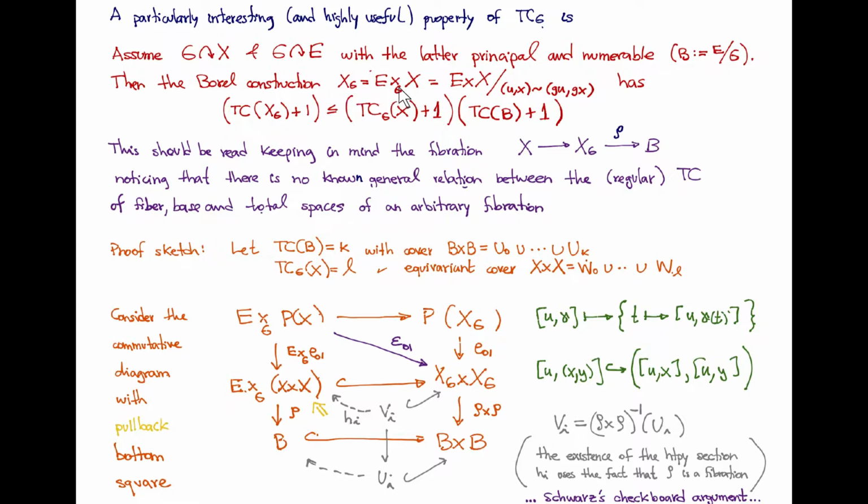What I have here is a group acting on E in a principal way. This is a nice action, a free action, with nice topological properties, and it is classified by the universal G bundle.